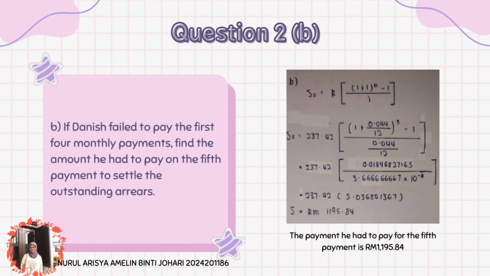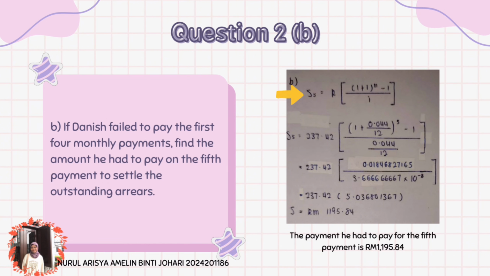Question 2B. If Danish failed to pay the first 4 monthly payments, find the amount he had to pay on the 5th payment to settle the outstanding arrears. And for this question, we are going to use the formula of future value, which is S equals R open bracket, bracket 1 plus i, bracket to the power of n, minus 1 divided by i, close bracket.